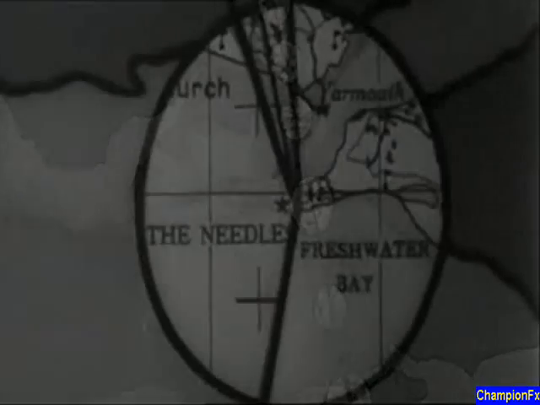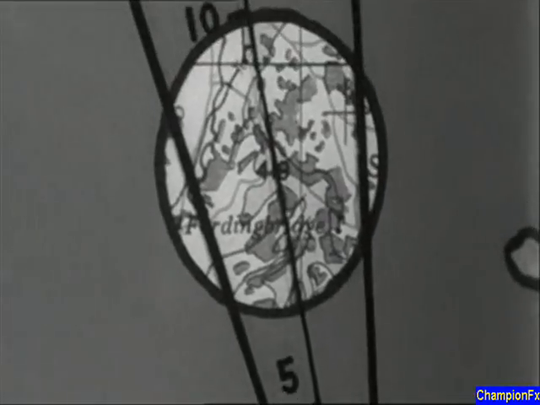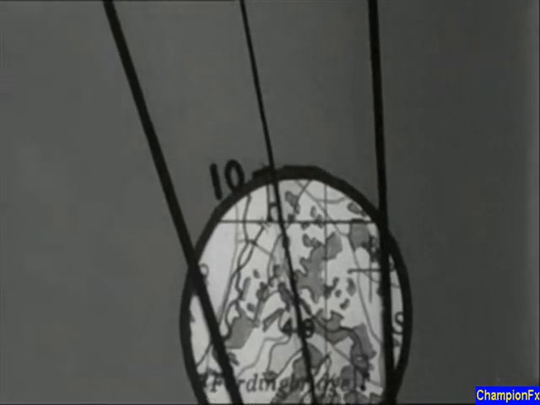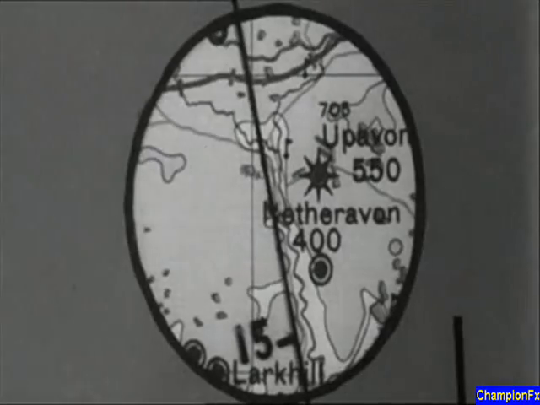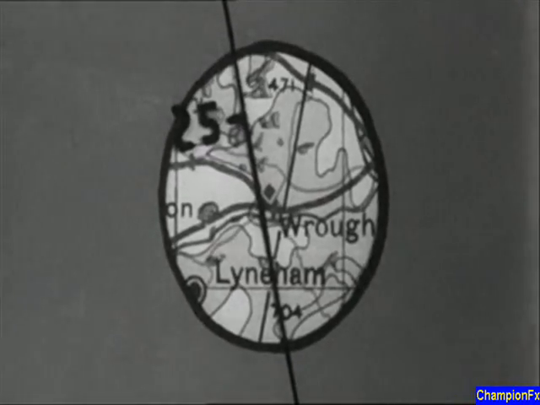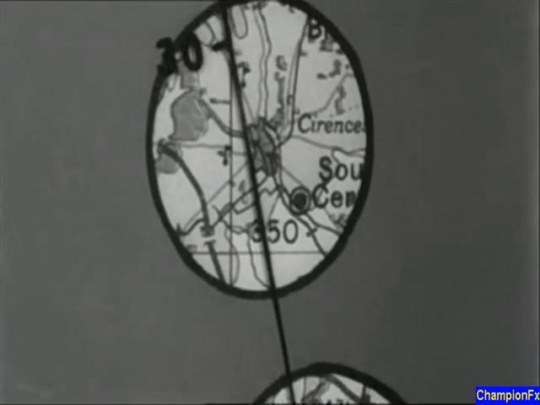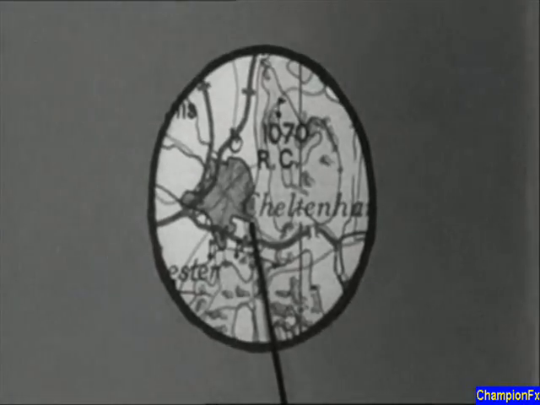Point to reach enemy coast, hill, river, railway junction, town, objective. Now we're all set to go.